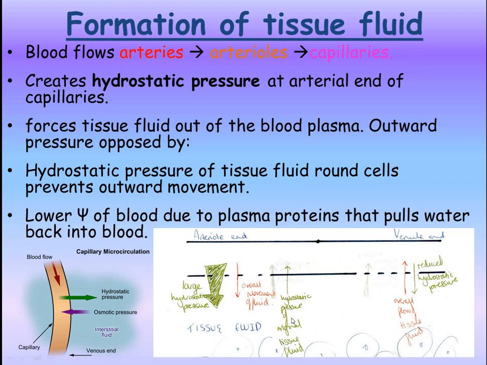And you've also got the plasma proteins in the blood lowering the water potential, which is trying to pull the water back. But because this hydrostatic pressure is so large, the overall movement, even though you've got these two opposing forces, is out of the capillary into the tissue fluid.